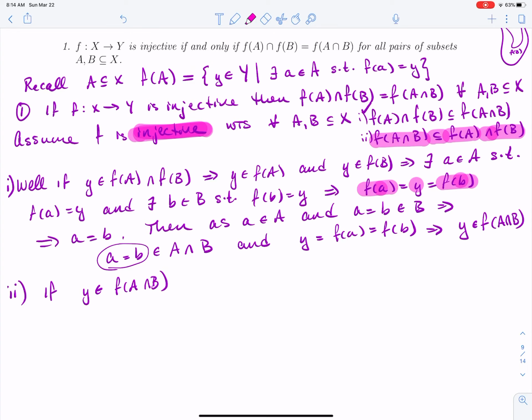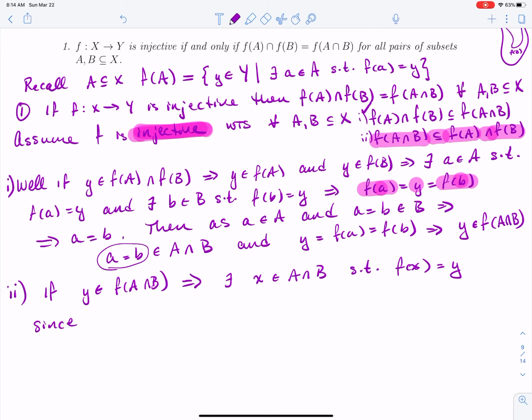So off we go. If we have y contained in f of A intersect B, what does that tell me? That tells me that there exists an x contained in A intersect B, such that f of x is equal to y. All right.